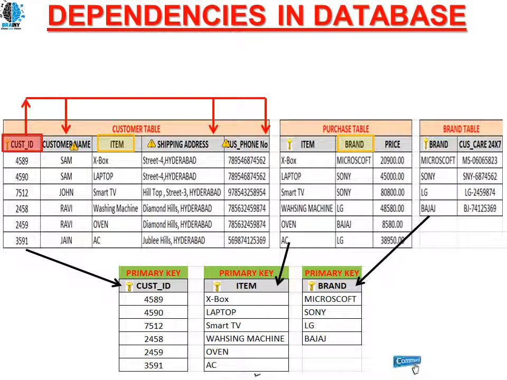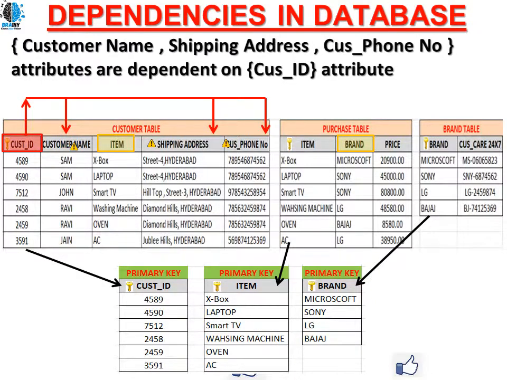This is called dependencies in database management system. So customer name, shipping address, customer phone number attributes are dependent on customer ID. So this is all about our dependencies in database management system.